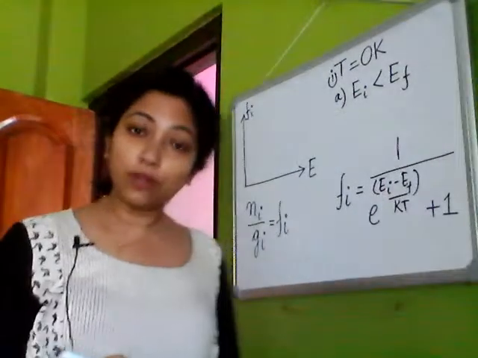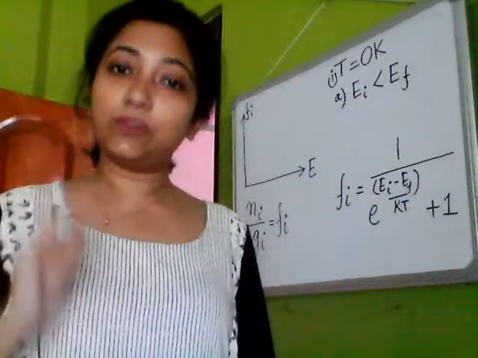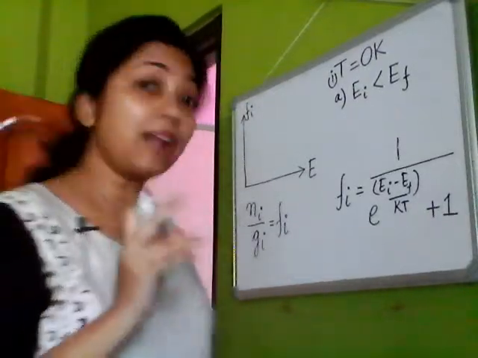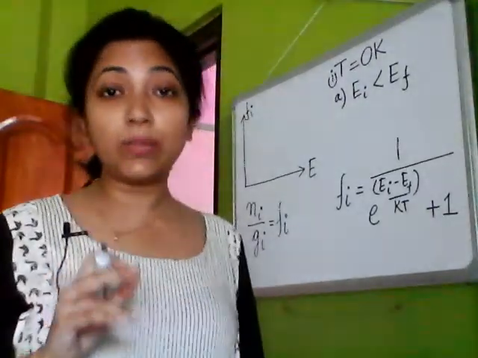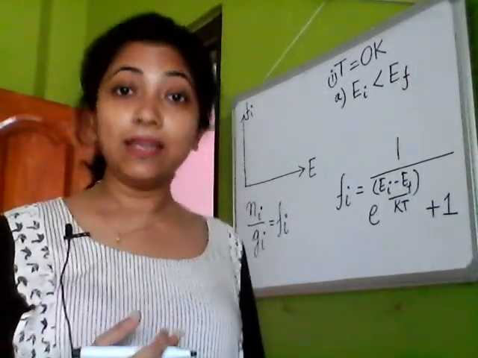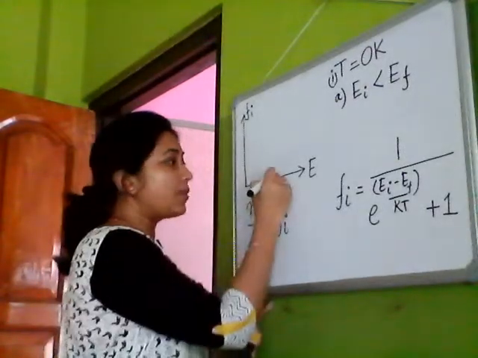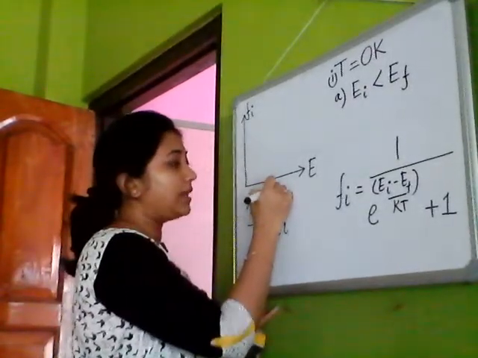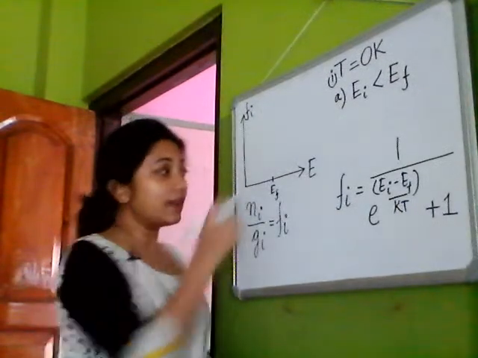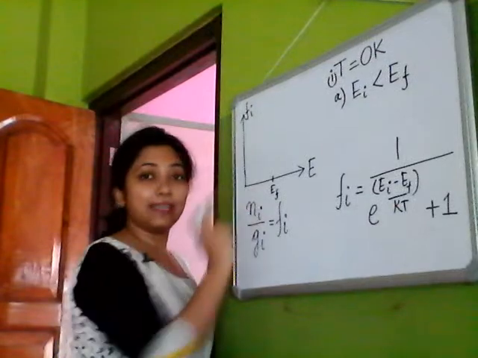Are you following me? What we are doing? We have taken the temperature value to be 0 Kelvin, and we are thinking about the situation when the energy that we are considering is less than the Fermi level. So somewhere along our energy axis, suppose if this is the value of EF, now we are considering the values which are less than EF.